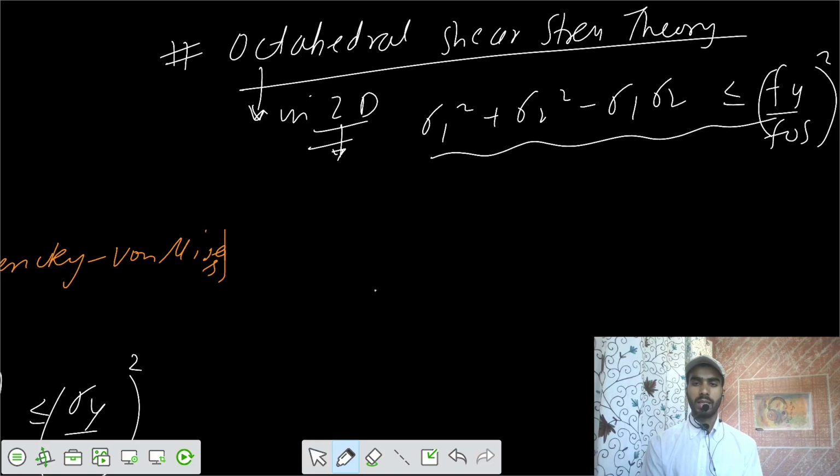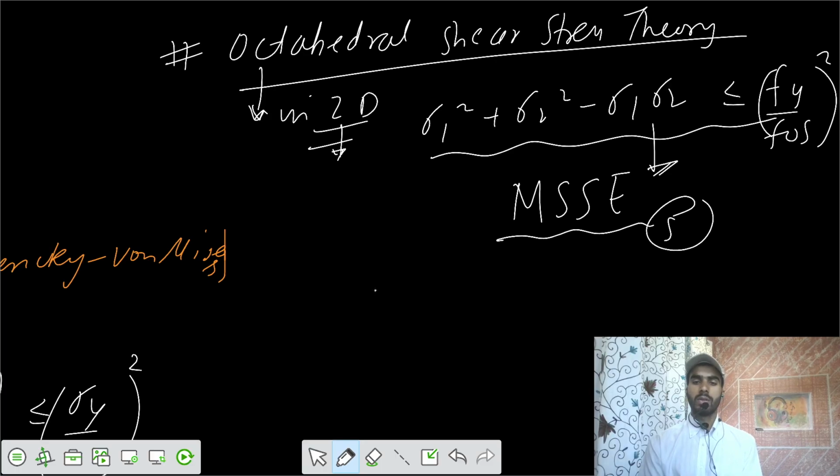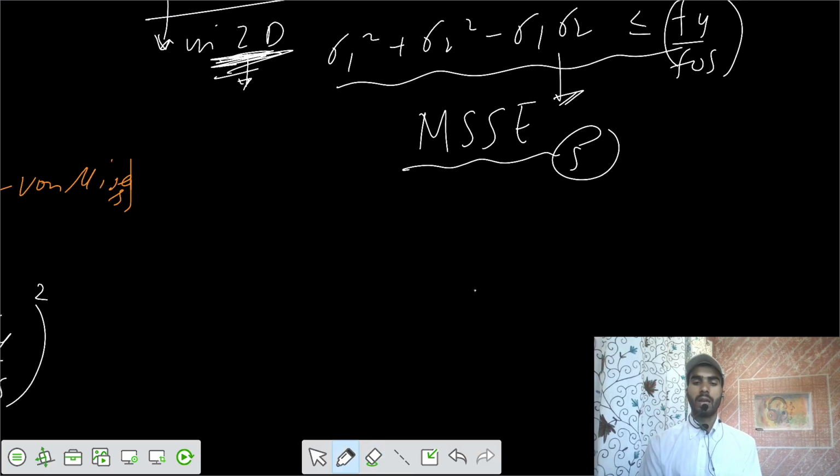So in the 2D case, this equation is same as that of maximum shear strain energy theory, the fifth one that we studied. It is same only for the 2D case. From this one also we can get the values that for the pure shear, it is also in perfect agreement for the pure shear case.